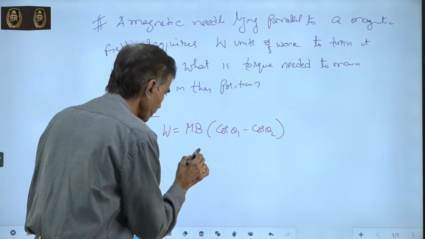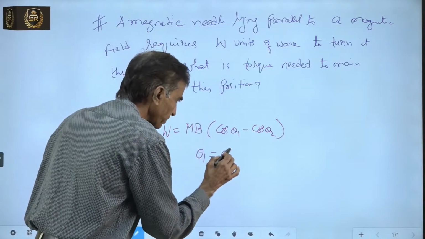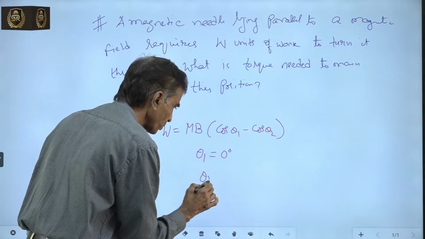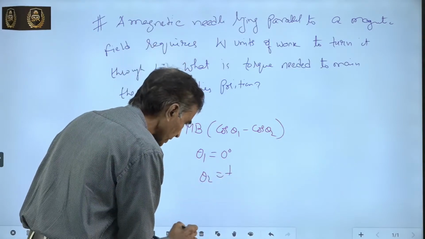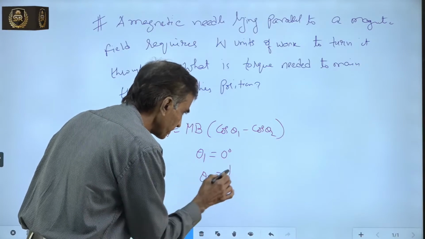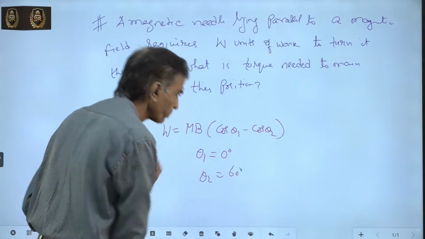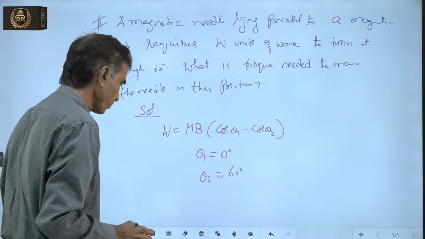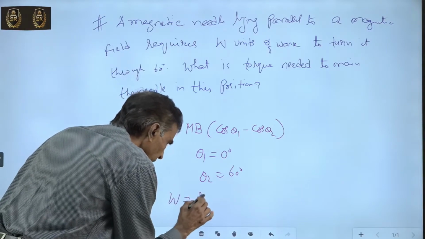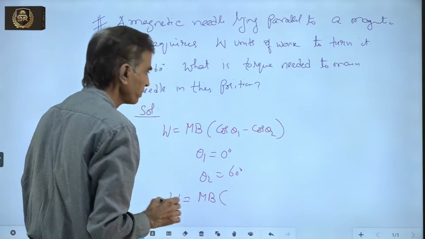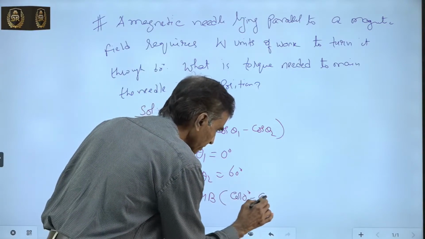First note down. Theta 1 is 0, because it is lying parallel to the field. And what is theta 2? It is given as 60 degrees. So what is our work now? W equal to MB into (cos 0 minus cos 60).